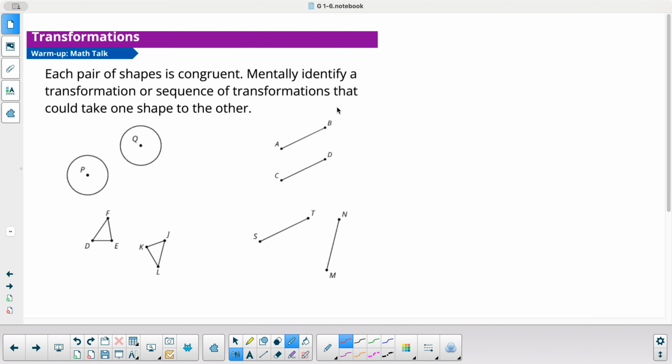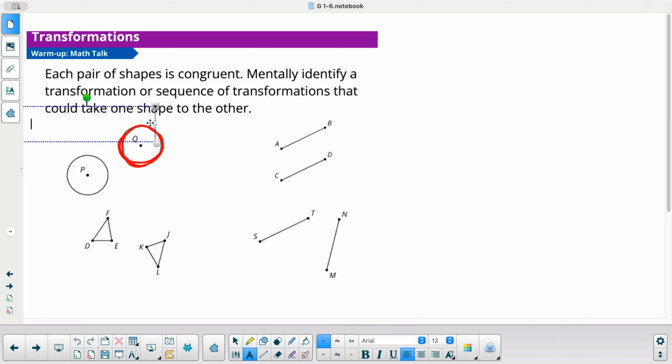All right, so let's take a look at this warm-up. Each pair of shapes is congruent. Mentally identify a transformation or sequence of transformations that could take one shape to the other. So here's circle P. I'll do my best to trace this. So if I just basically do a translation, okay, translate circle P until P lines up with Q, okay?